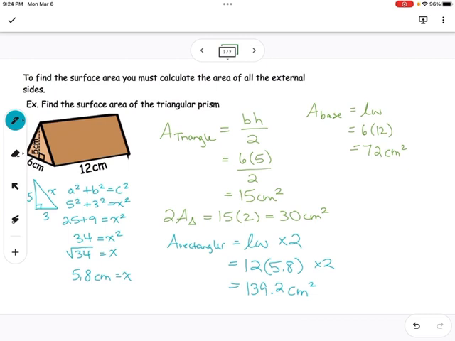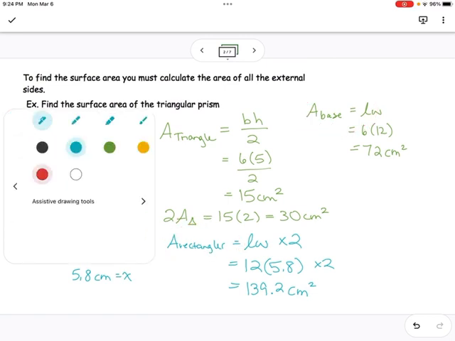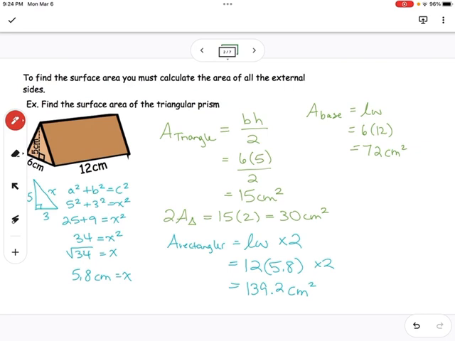Okay, so counting our number of sides, we want to make sure that we have calculated for everything. We have the 2 triangles, the 2 rectangles, and then the base. So we have 5 sides in total. We have calculated 2 triangles, 2 rectangles, and the base. So our total surface area is adding all of these together.